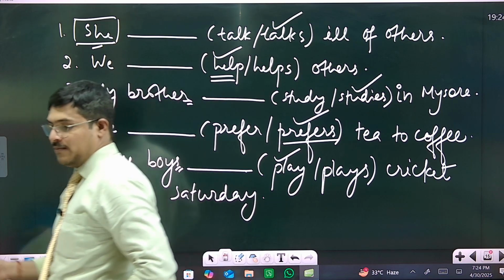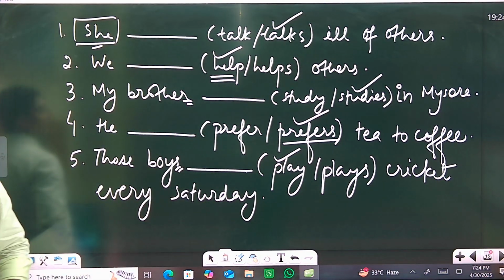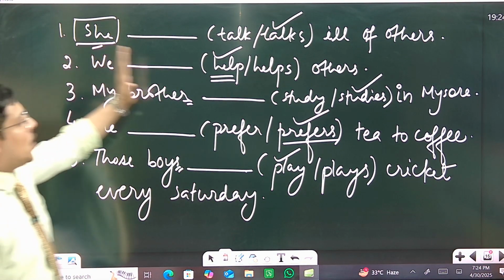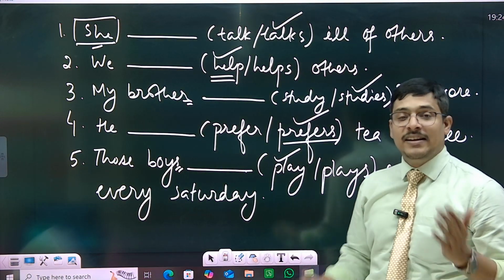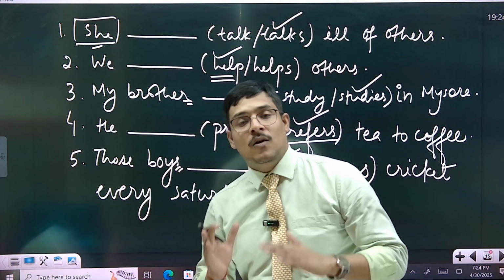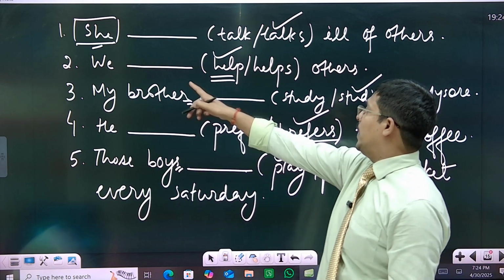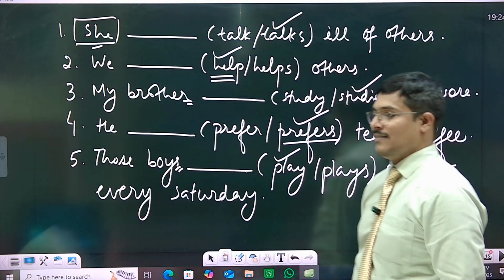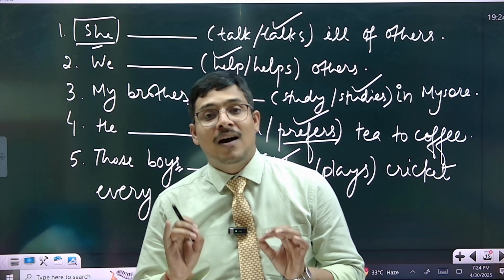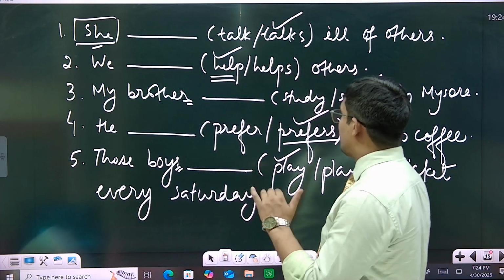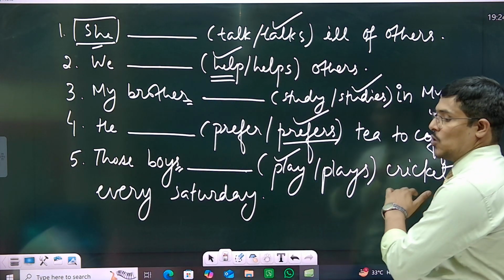Let's convert these 5 sentences into their negative forms. She talks ill of others. What will be negative? She does not talk ill of others. We help others. Negative. We do not help others. My brother studies in my school.